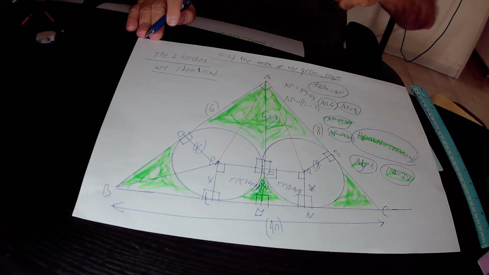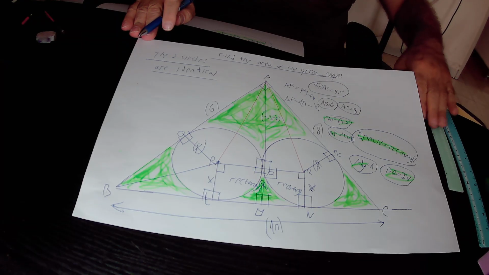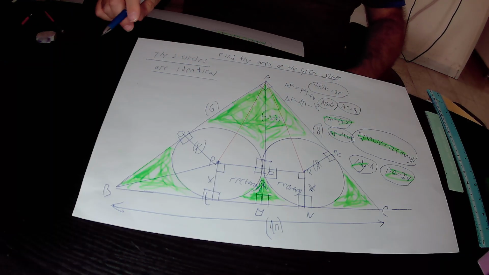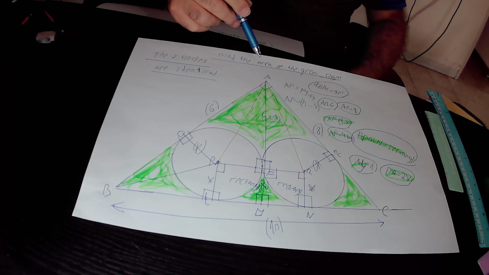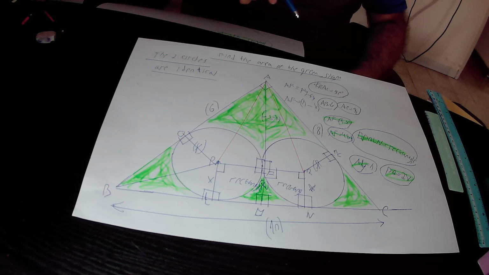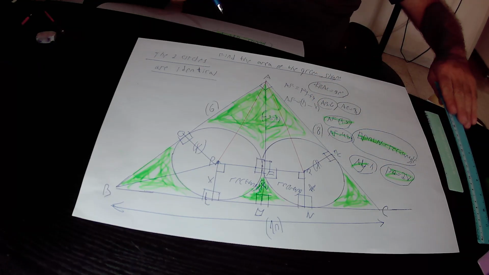So by doing all those constructions, we divided the big right triangle ABC into 6 parts. The first part is this triangle APB. The second part, we join point C and Q together by a straight line.